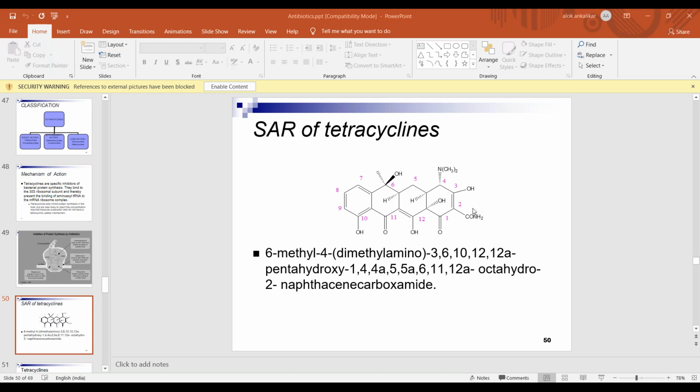Okay, then the next point is that you could modify ring A to a slight extent so that the activity is not lost.